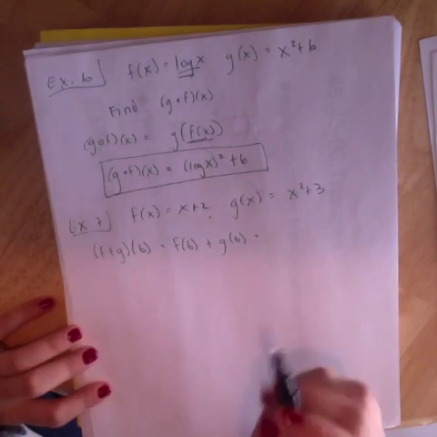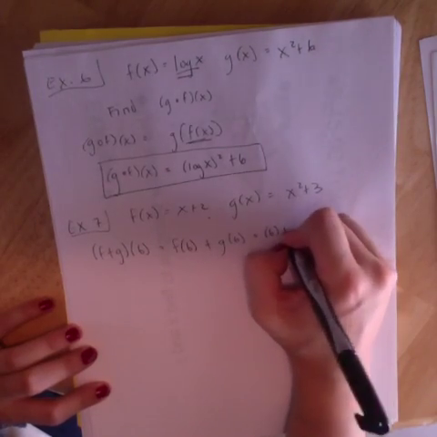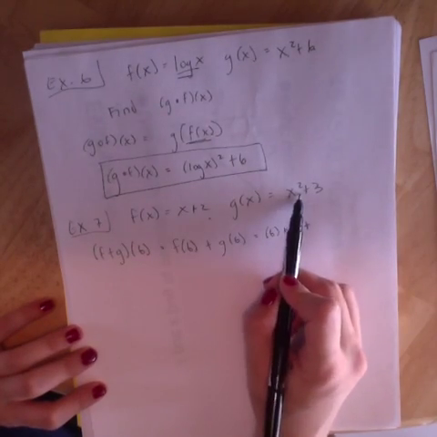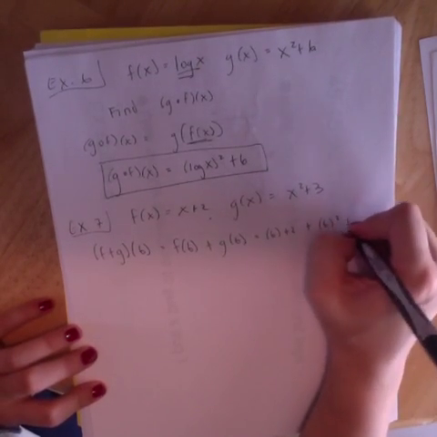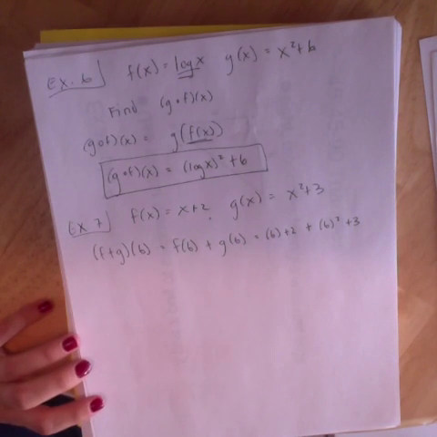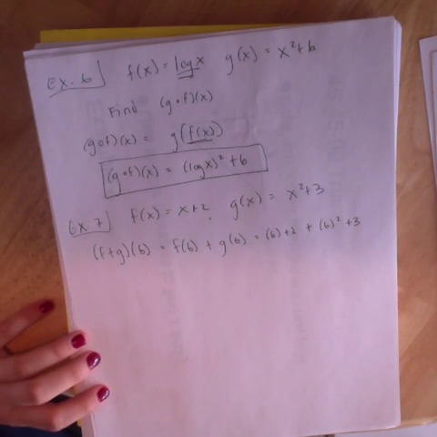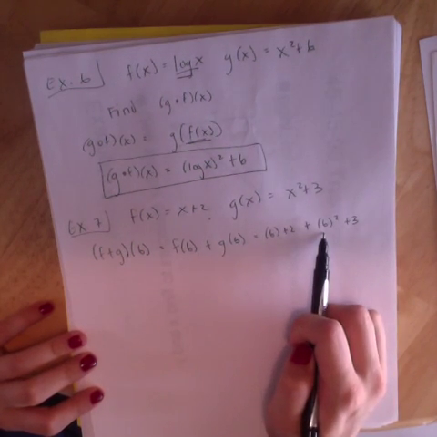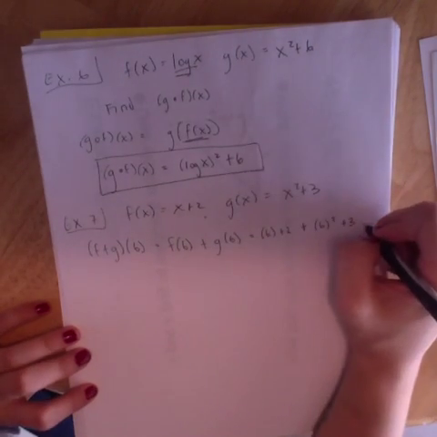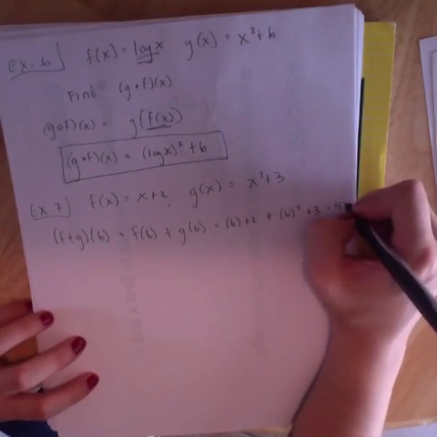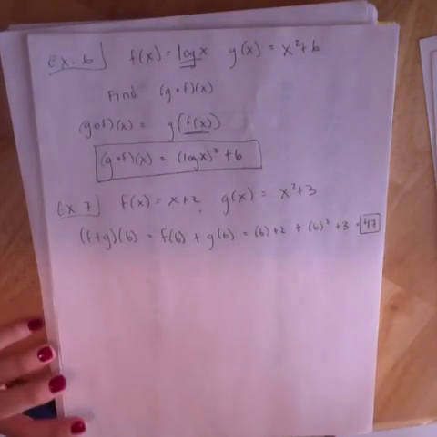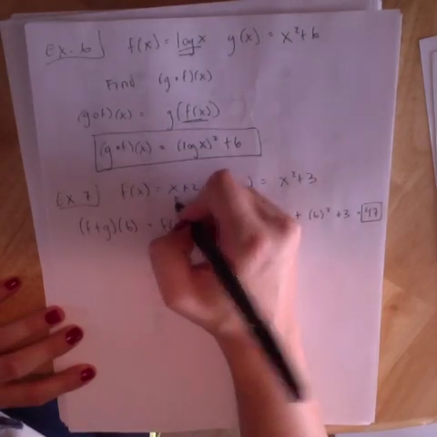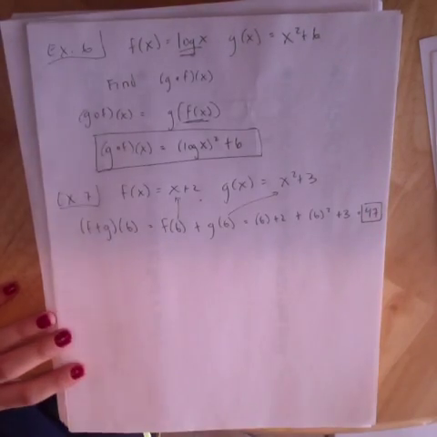For f of 6, I plug in a 6 for x, so I will get 6 plus 2, that's f of 6, plus g of 6, I plug in a 6 for x here, 6 squared plus 3. In this case, 6 plus 2 gives me 8. 6 squared is 36 plus 3 is 39. So altogether, this gives me 47. In this case, I'm not just plugging in a variable, I'm plugging in a number, but I'm plugging it in for x here and for x here.